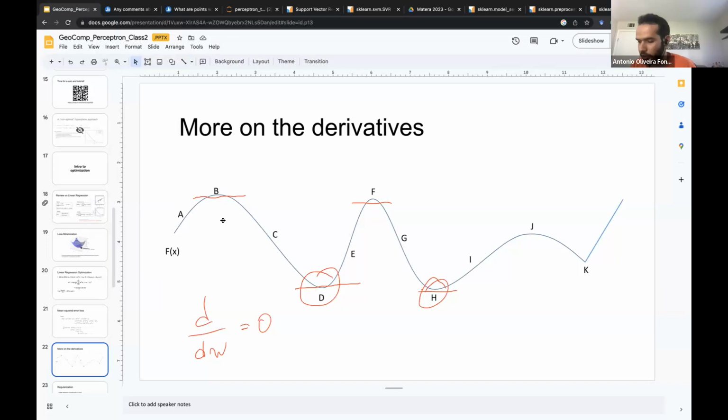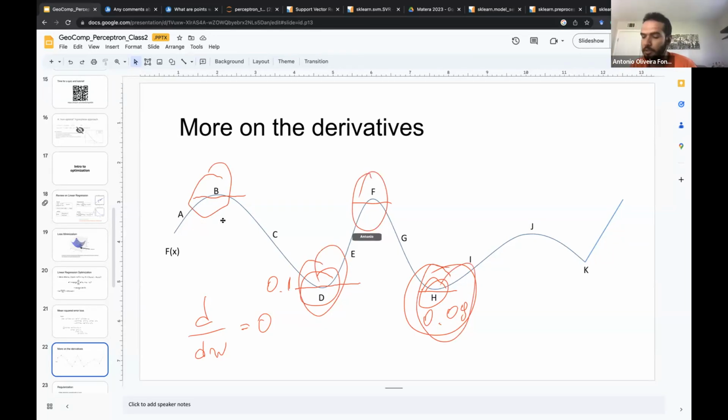Let's say this one takes me to 0.1 and this one to 0.09. In this case, what I'm looking for is the global minima, which would be H, but these are minima in this problem. And if these guys are local minima, these guys are local maxima of this problem that I just presented, but both satisfy these requirements.